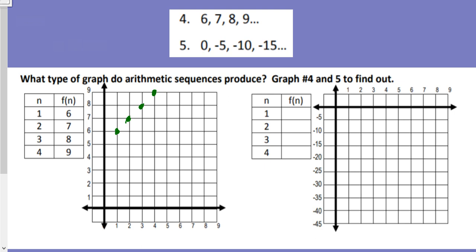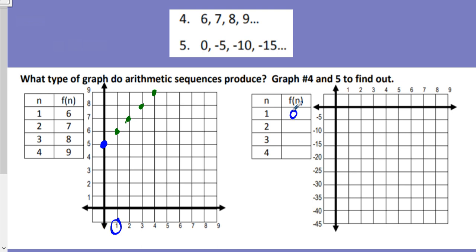We really could take any y equals mx plus b equation and write it as an arithmetic sequence. But my y equals mx plus b formula would look different because my y-intercept here would be 5, where in my arithmetic sequence, I use my initial value, or my first term, as 6.